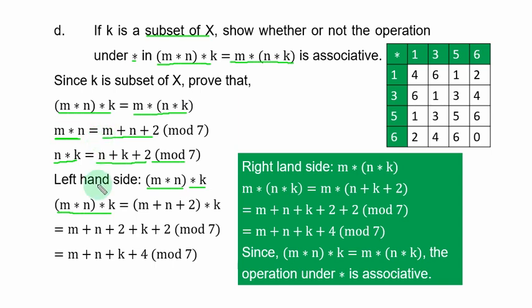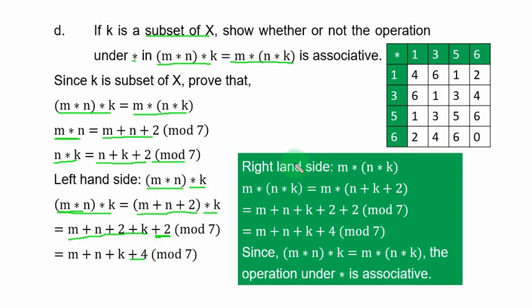So it becomes m plus n plus 2 asterisk k, and we are now adding both because the operation is addition. So when you add both, you have m plus n plus 2 plus k, then plus the 2 you have in the operation. When you add 2 and 2, you have plus 4. So the left hand side is m plus n plus k plus 4 modulo 7.